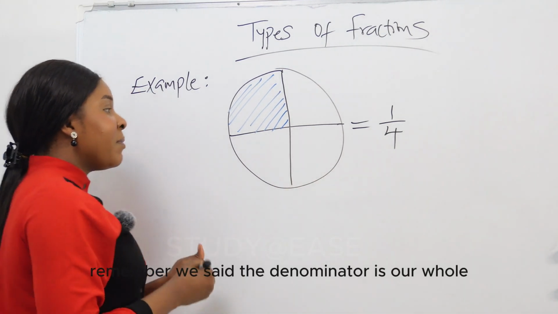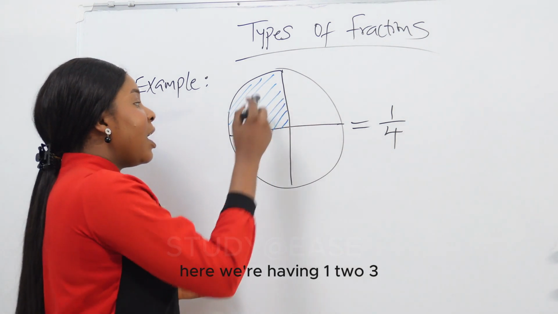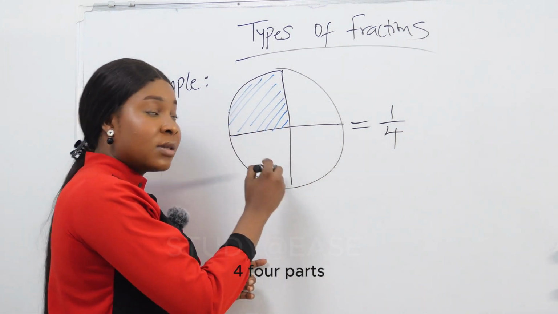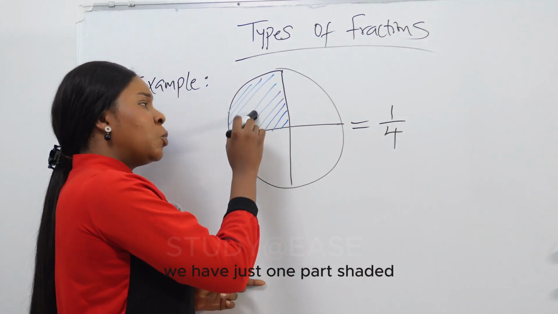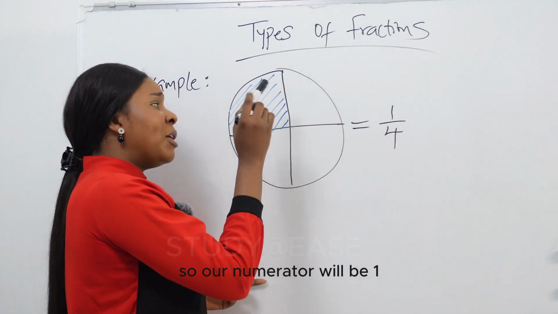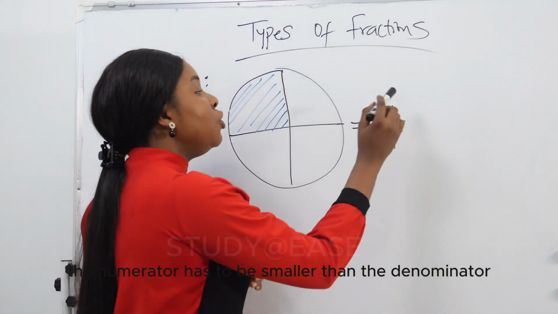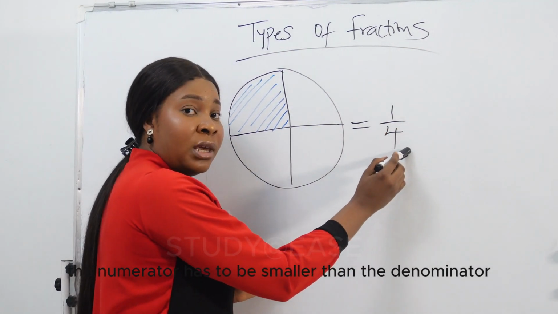Why? Remember, we said the denominator is our whole. Here we are having 1, 2, 3, 4 parts. So our denominator will be 4. We have just one part shaded. So our numerator will be 1. Remember, proper fraction, the numerator has to be smaller than the denominator.